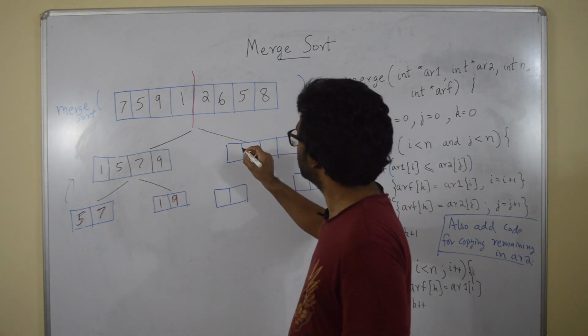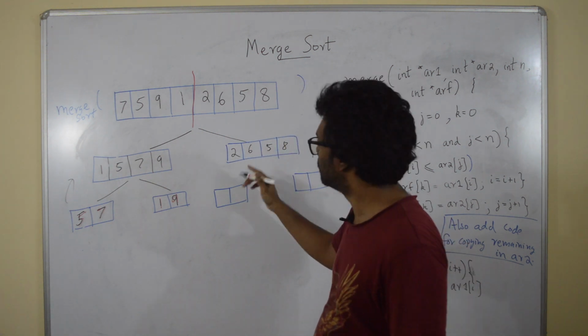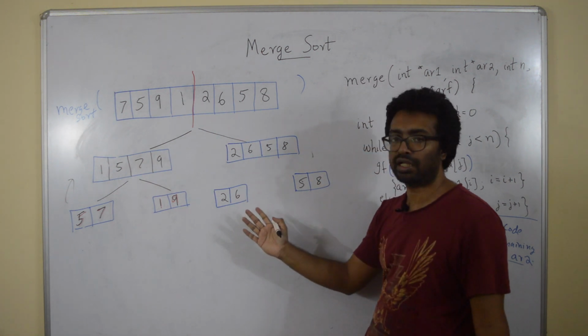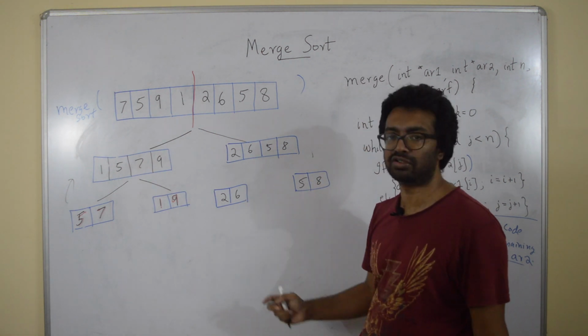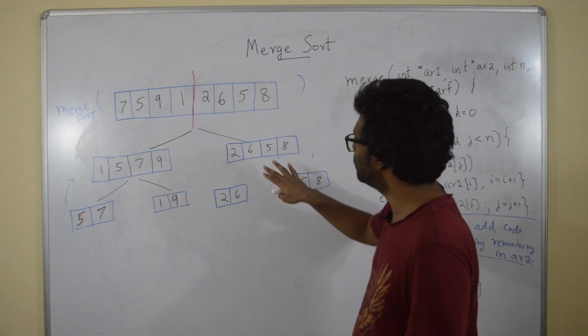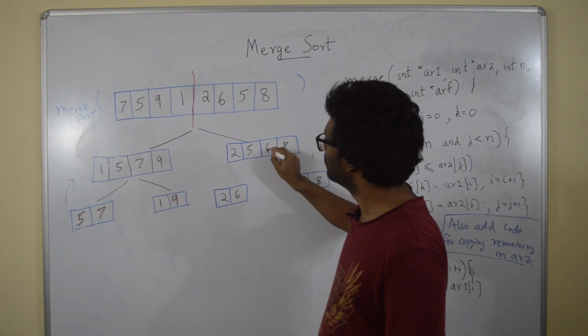So this part of the array is now 2, 6, 5, 8, and merge sort splits this again into 2, 6 and 5, 8, and then sorts these things. So this is already sorted, this is also already sorted. So it's going to merge them, and when it merges them, we are going to get 2, 5, 6, 8.